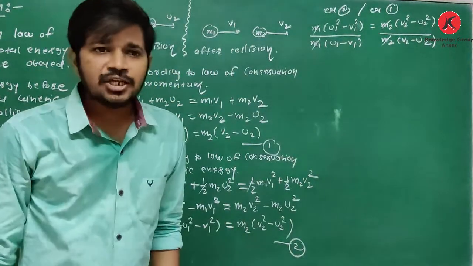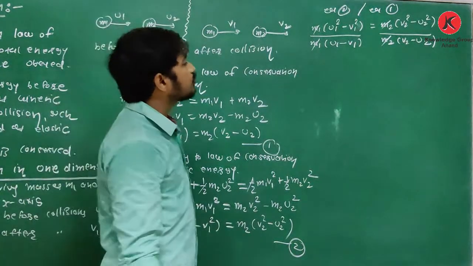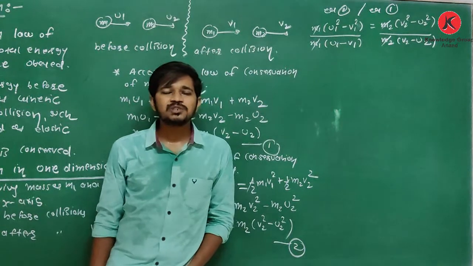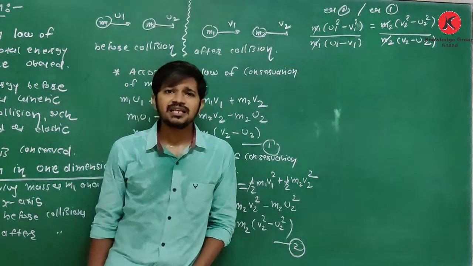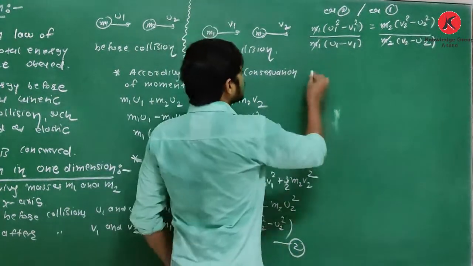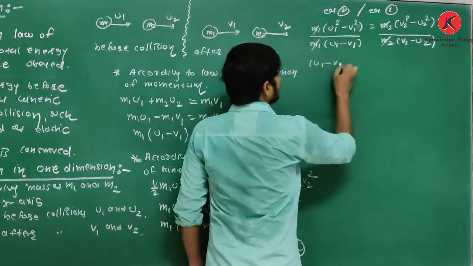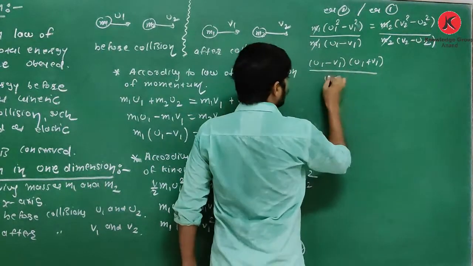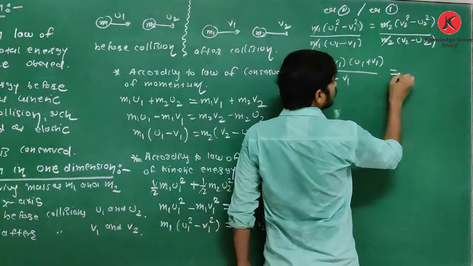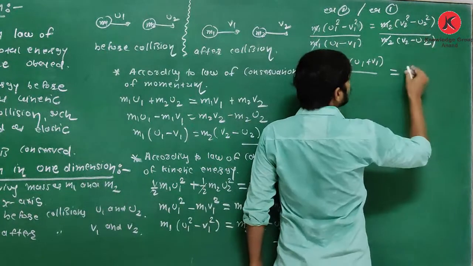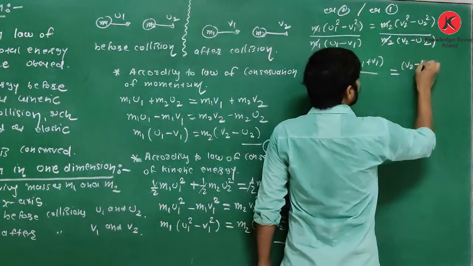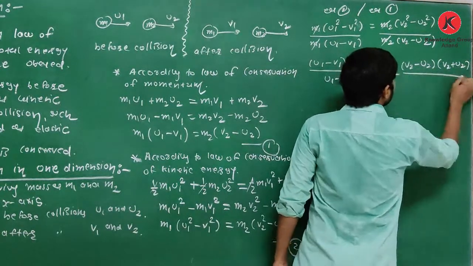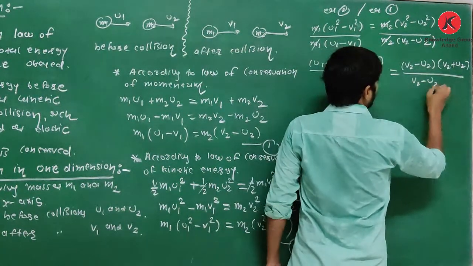Now in the numerator, it is u1 square minus v1 square. You know a square minus b square is (a plus b) into (a minus b). So I can write this as (u1 minus v1)(u1 plus v1) divided by (u1 minus v1), equal to v2 square minus u2 square, which is (v2 minus u2)(v2 plus u2) divided by (v2 minus u2).